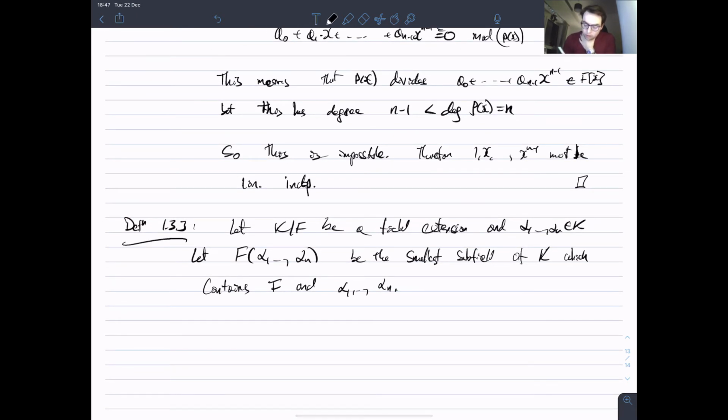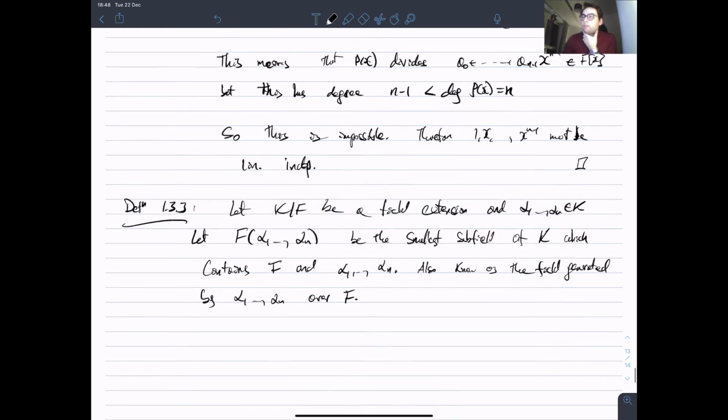So sometimes we'll also call this the field generated by alpha 1 to alpha n over F.